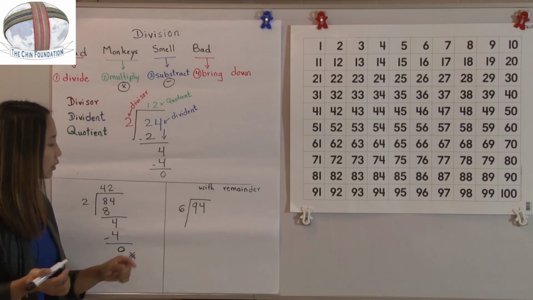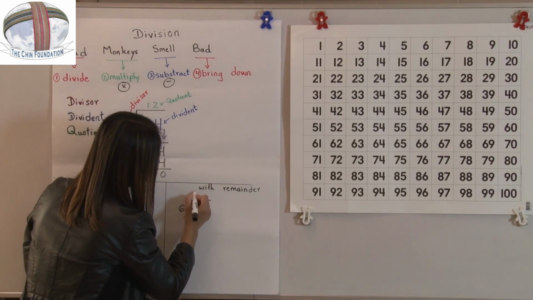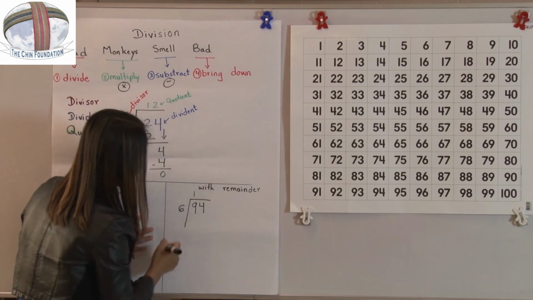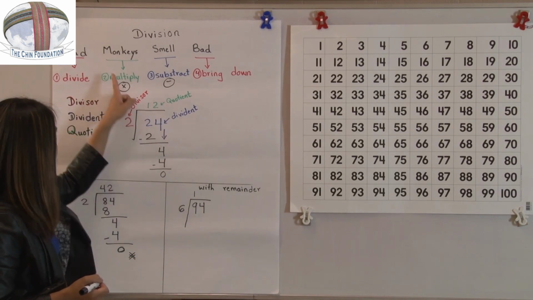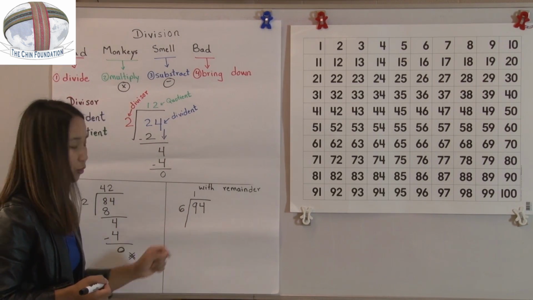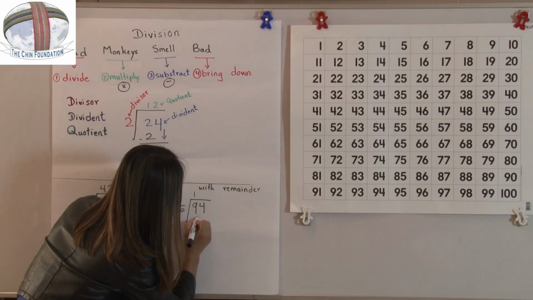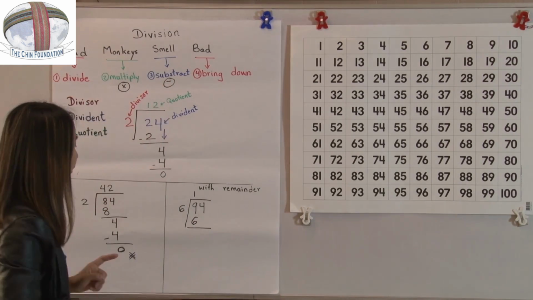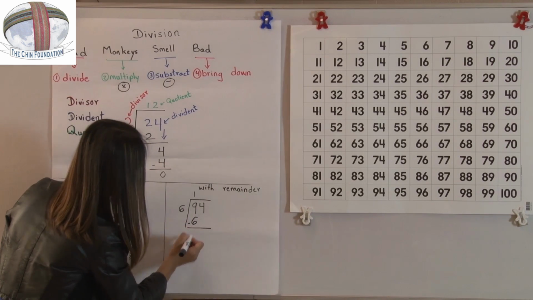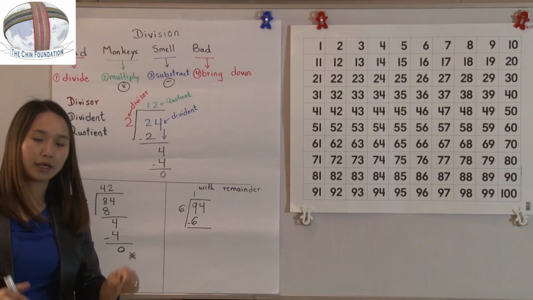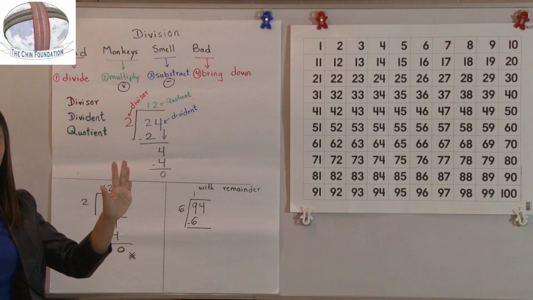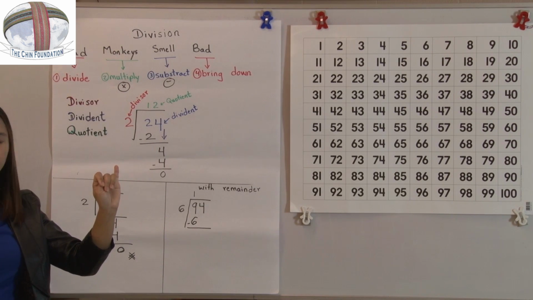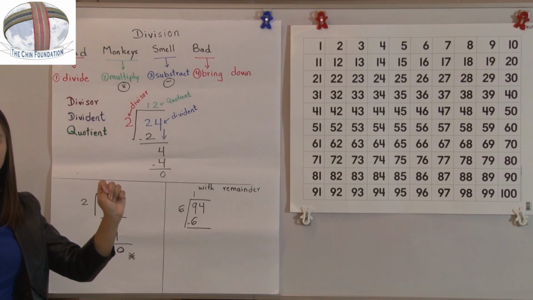So I will say 1 group. 1 of 6 will go into the 9. So next I need to multiply. 6 times 1 is 6. Okay, now I need to do subtract, that is minus. 9 minus 6, okay. I have 9, I have to take away 6. 1, 2, 3, 4, 5, 6.